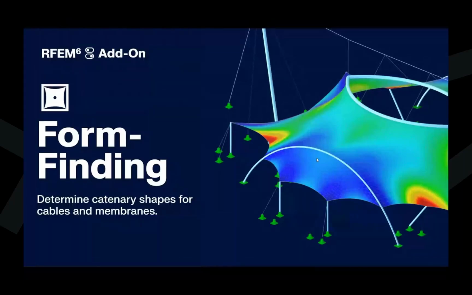So another niche market that we offer is the form finding analysis. This allows us to determine the catenary shapes for cables and for fabric membranes.